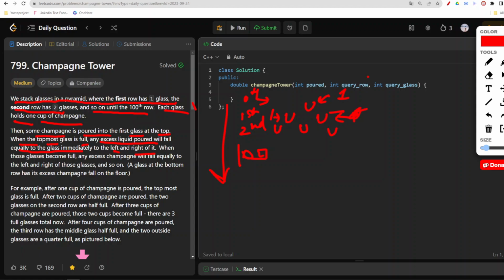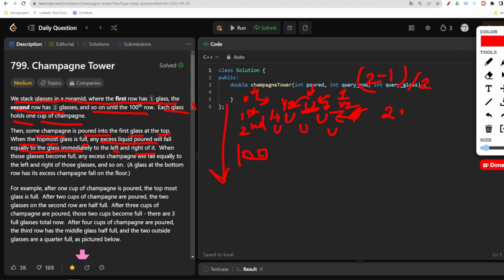So if we have two glasses being poured in this particular, right? One would be in this only, and the other two glasses will get half of the other one. So basically this is what the other two glasses will get from this one glass.